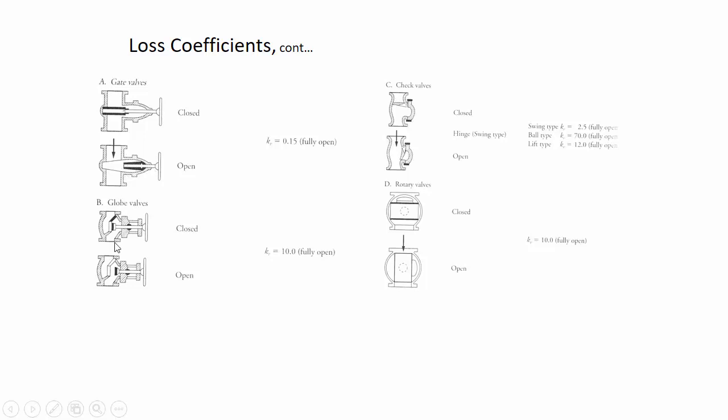But in this globe valve, not only is it changing direction a lot, but all of the flow is going through this tiny little diameter here between this bottom edge and the top edge. And so the diameter of that opening is going to be smaller than the diameter of the pipe that's feeding the globe valve. And so with these other specialty type valves like check valves, the ball that's inside of the valve is going to be taking up a lot of the flow area, and so the water's having to squeeze through a smaller space.